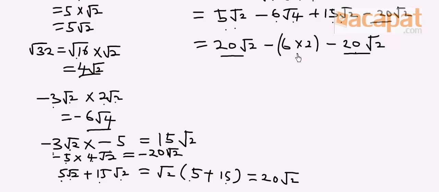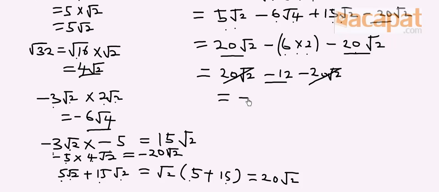Or work on the bracket first. This will be equal to 20 root 2. 6 times 2 here is 12. So I have minus 12 minus 20 root 2. So 20 root 2 minus 20 root 2 cancels out. I have minus 12 left. This will be equal to minus 12.